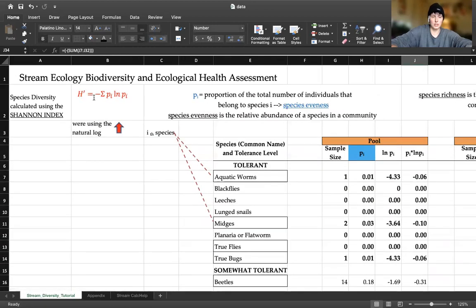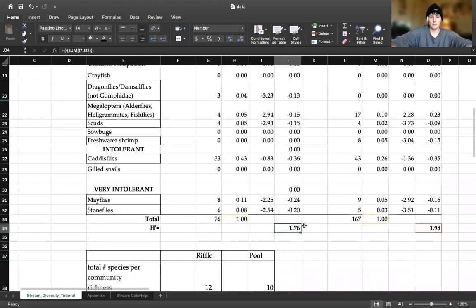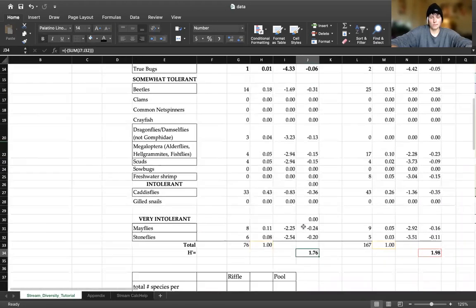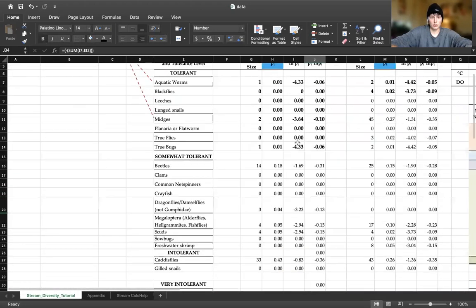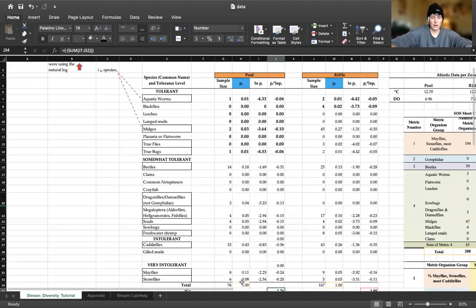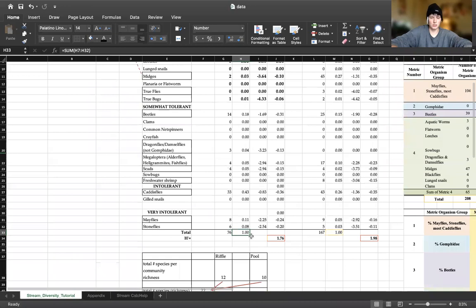When we take the Shannon index, we're taking the negative of this entire last column when you sum it together. When you're going through your calculations, your P sub I column should all sum to 1. So if it doesn't, you're doing something wrong and you should go back and check that.